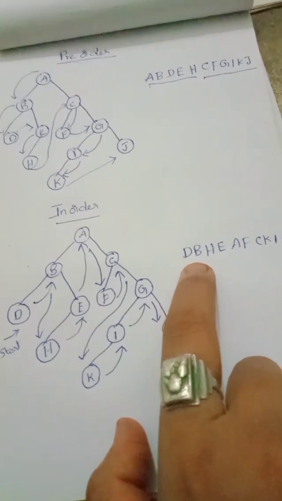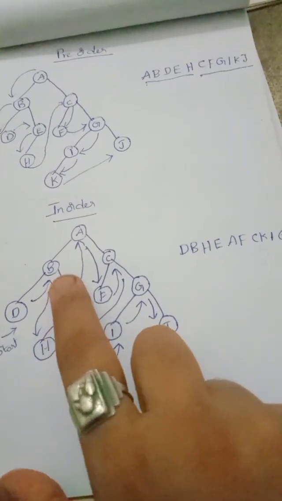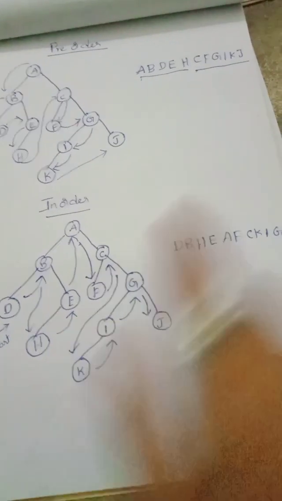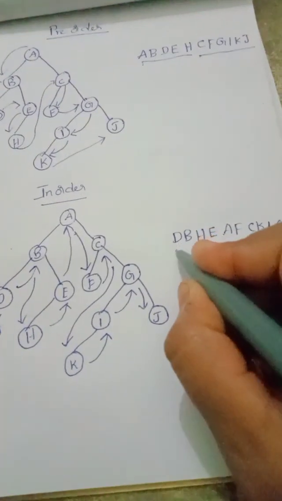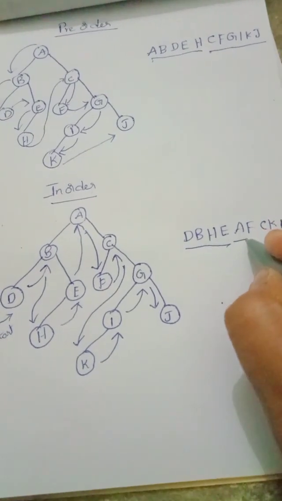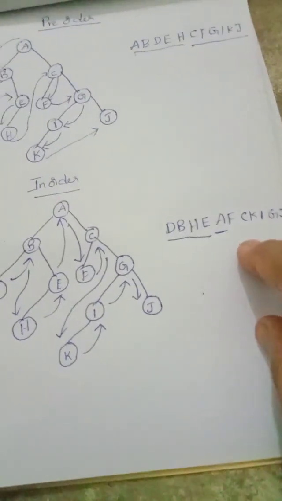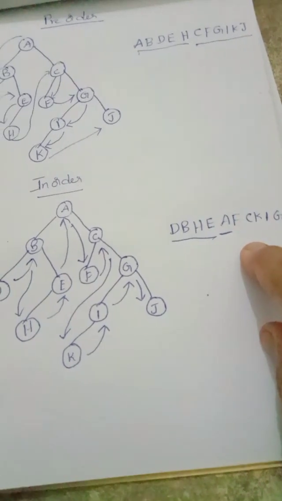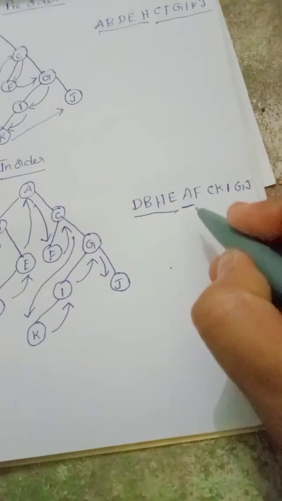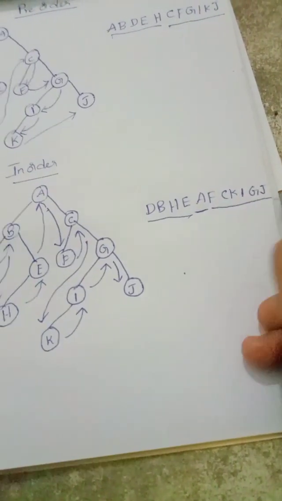After that we go to the B. After that we go to the H. After that we go to the E. This is the left subtree. After that we go to the root node. Now again we will go to the right subtree.